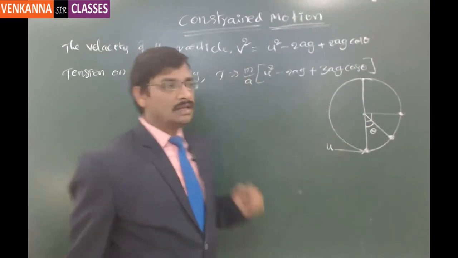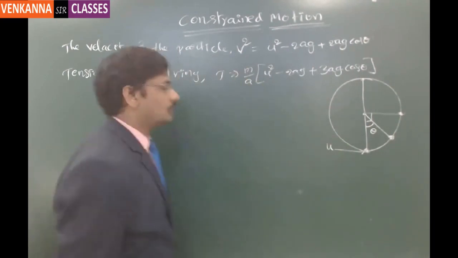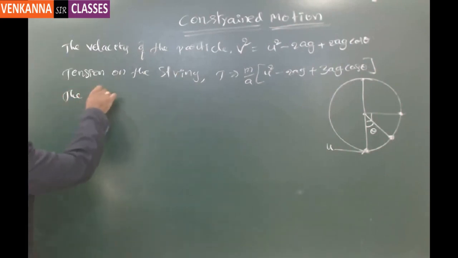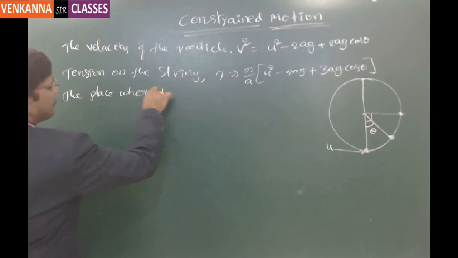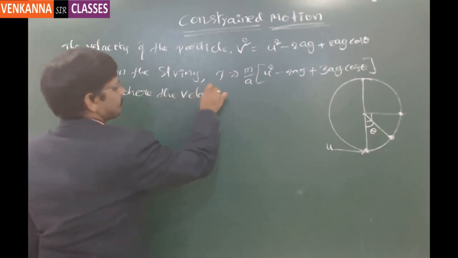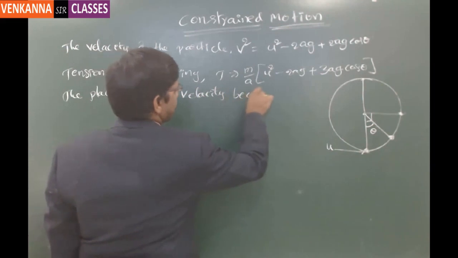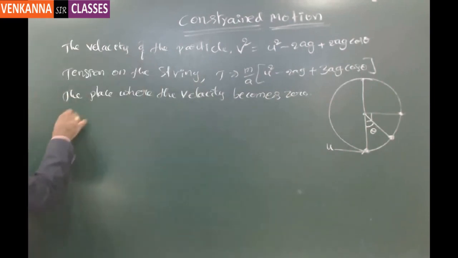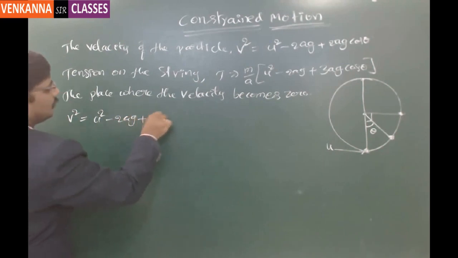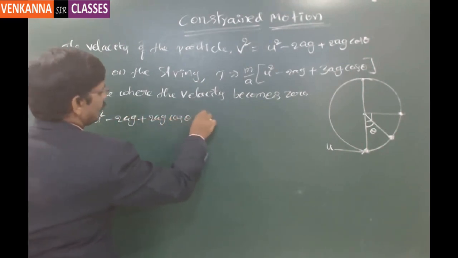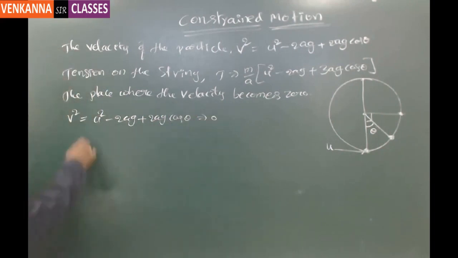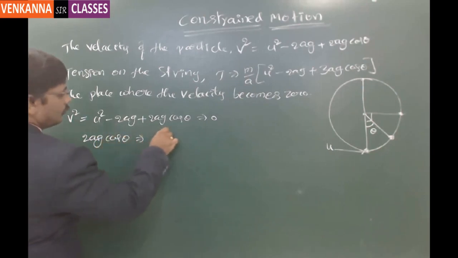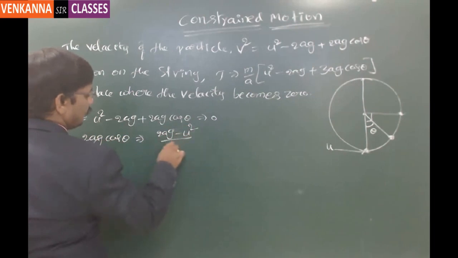Now let us consider the place where the velocity becomes zero. So v square is equal to u square minus 2ag plus 2ag cos theta equal to 0, or 2ag cos theta is equal to 2ag minus u square, divided by 2ag.